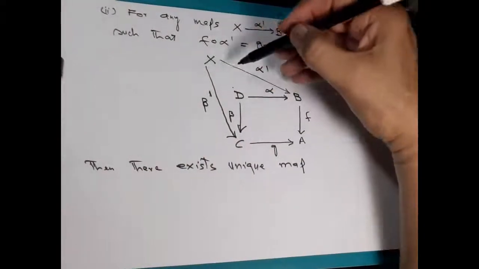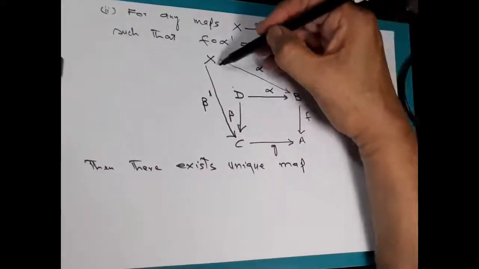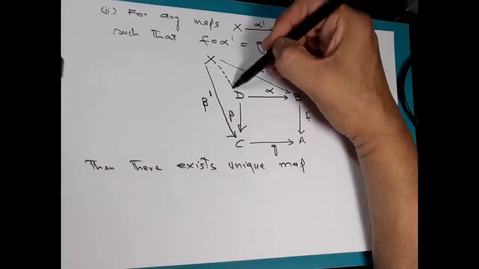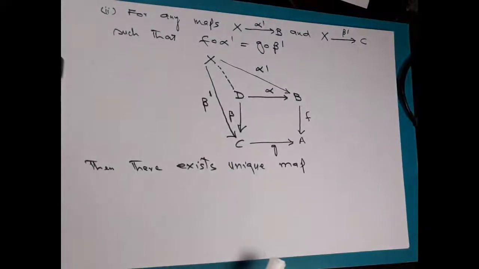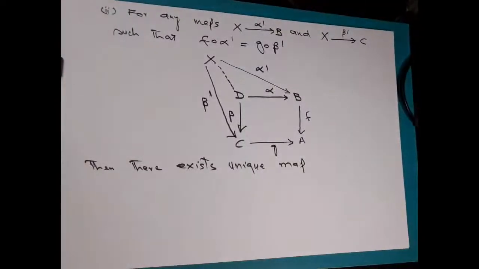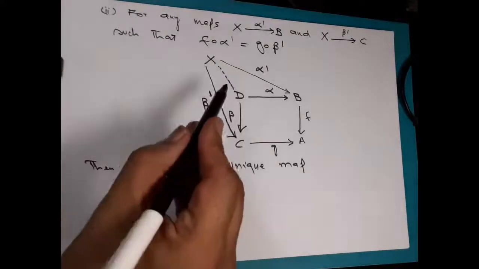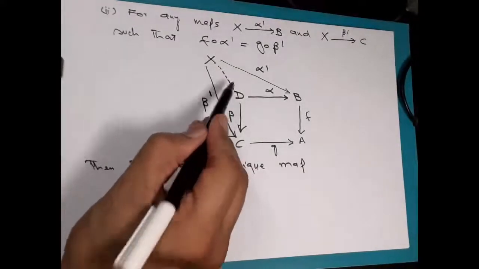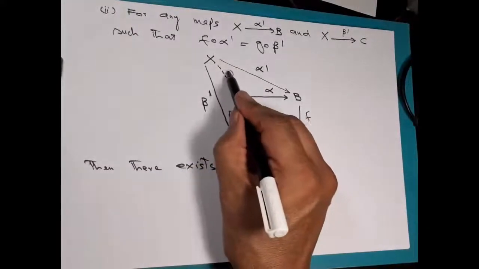So then there exists a unique map from X to D. We called this theta.